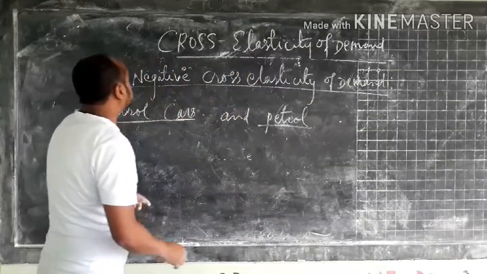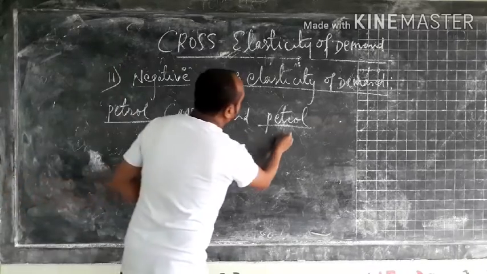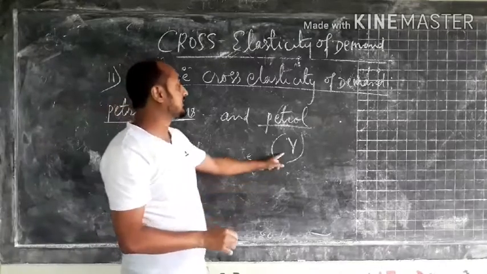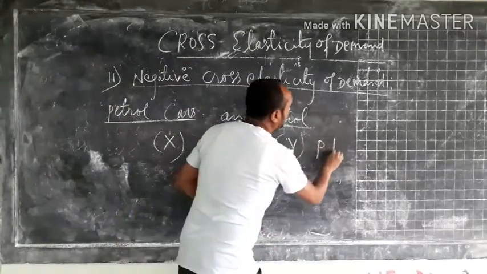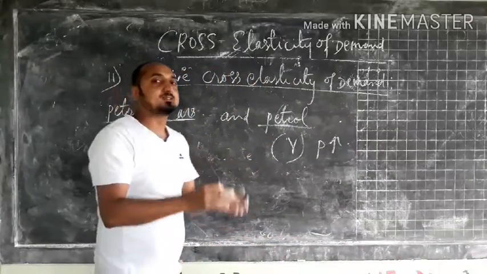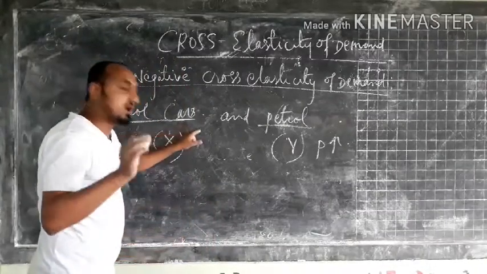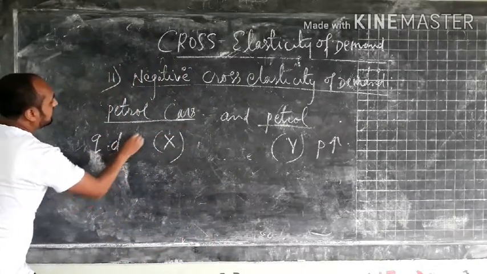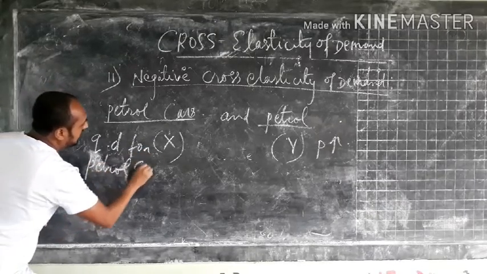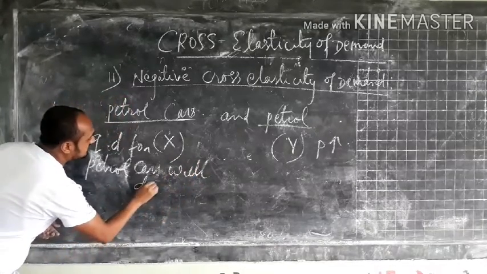Now suppose the petrol car is X and petrol is Y. When the price of petrol increases, obviously it has a negative impact on the quantity demanded for petrol cars. So the quantity demanded for petrol cars will decrease.